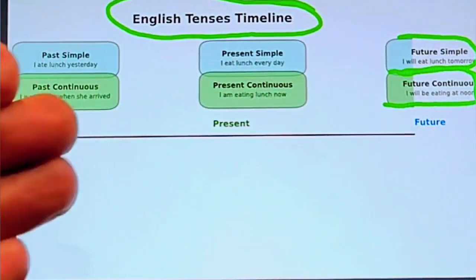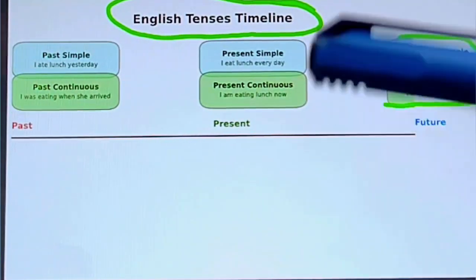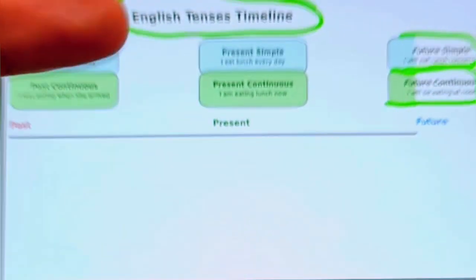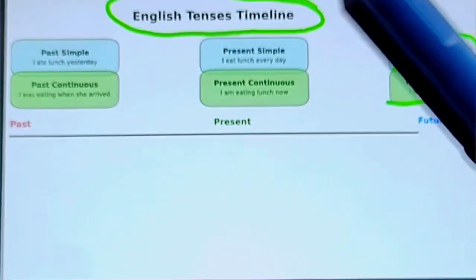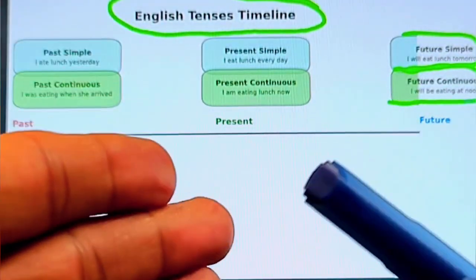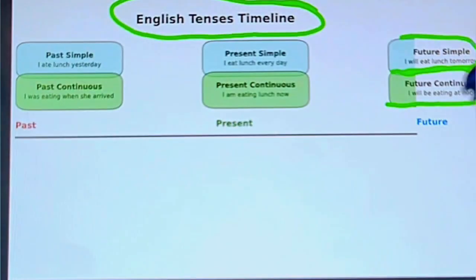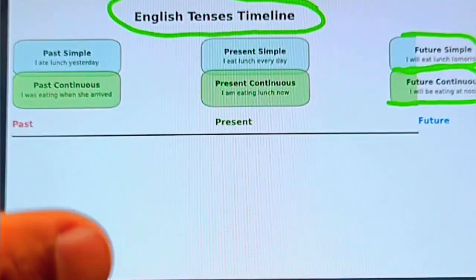So past is gone, yesterday, present is now just running, and future will be tomorrow. Three words very easy to remember: yesterday, now, and tomorrow. These three words you can remember very easily.